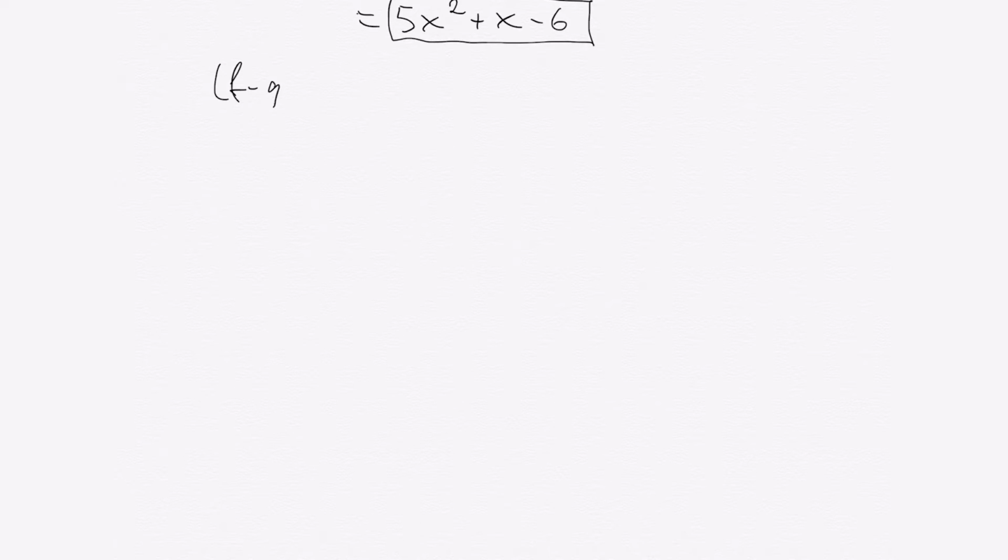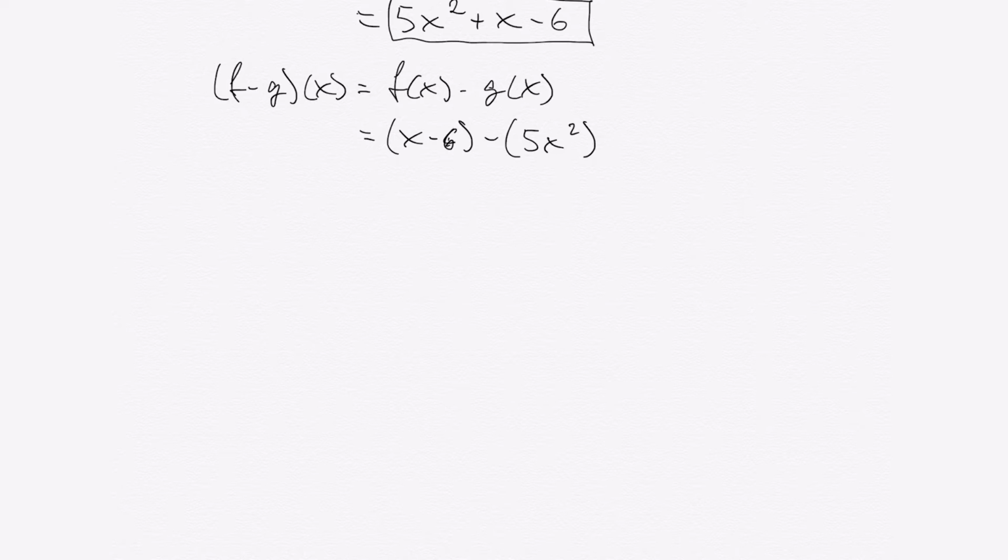Let's take f minus g of x, that's the same thing as f of x minus g of x, and we have x minus 6 subtracting 5x squared.